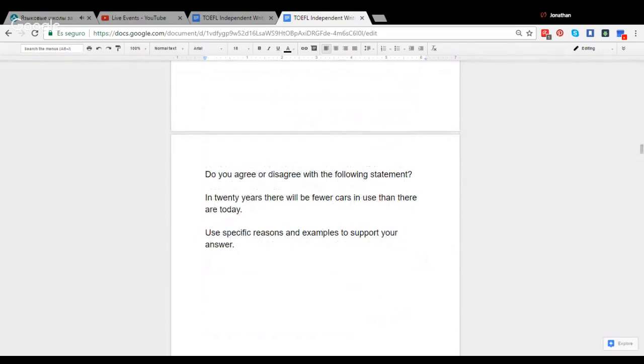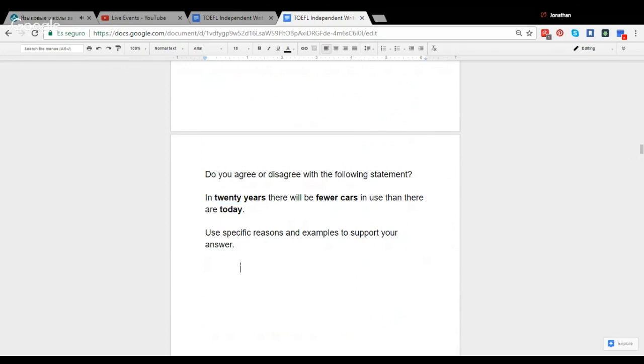Okay. Do you agree or disagree with the following statement? In 20 years, there will be fewer cars than there are today. So this is, again, comparing two time differences, but this is the future.